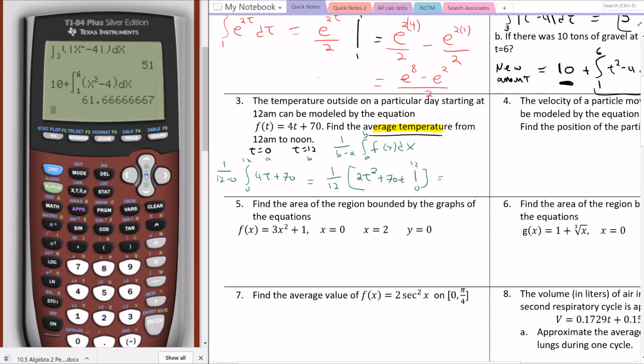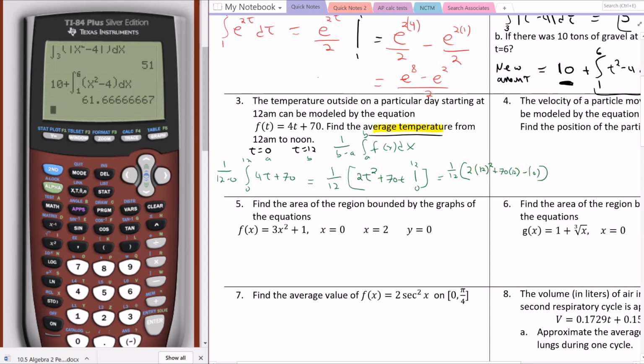And so this is going to become 1/12 times, when you plug in 12, you're going to get, I guess I should just write this so you can see, 2 times 12 squared plus 70 times 12, and then subtract 0, because when you plug in 0, you get 0.